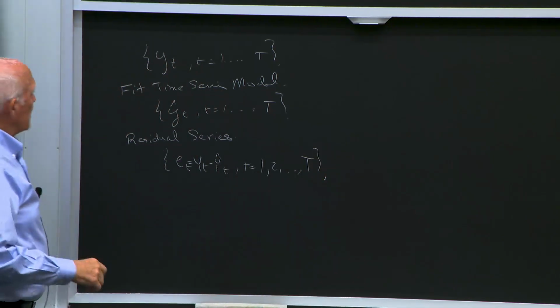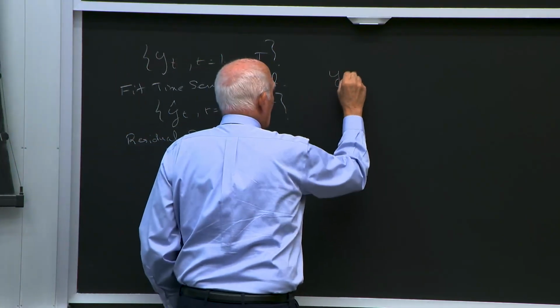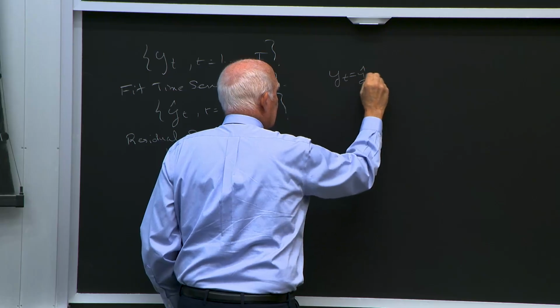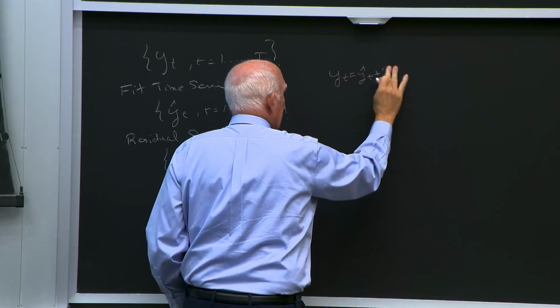We can just write y t is equal to y hat t plus epsilon, or error, t.